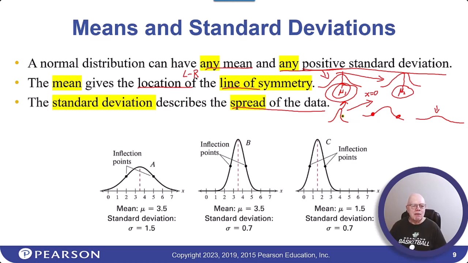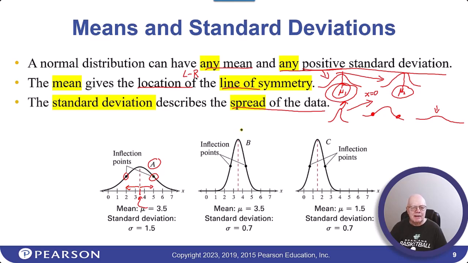Here are some examples right here. So we'll take this example A, take a look at it. That's sort of our starting point in this case. Notice the inflection points. And the mean for this one is 3.5 right there. And the standard deviation is where this goes out about 1.5 in both directions. That's where the inflection point hits.